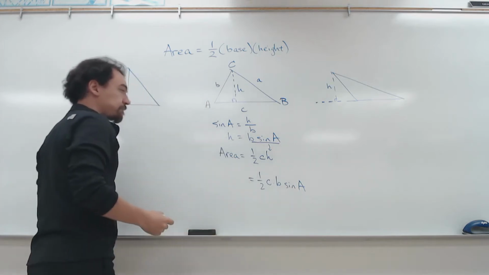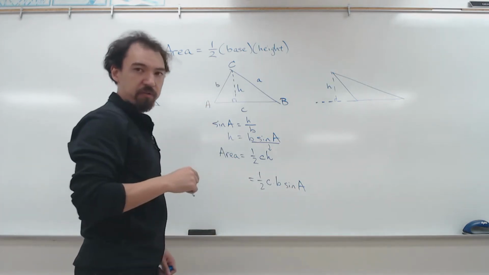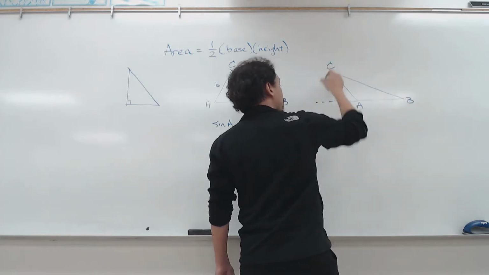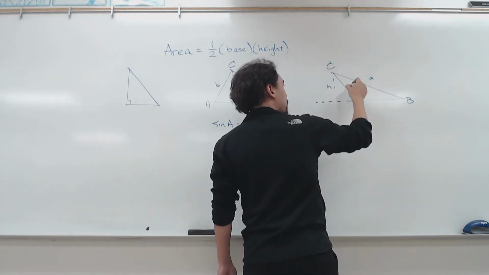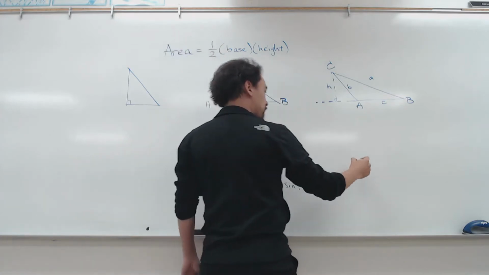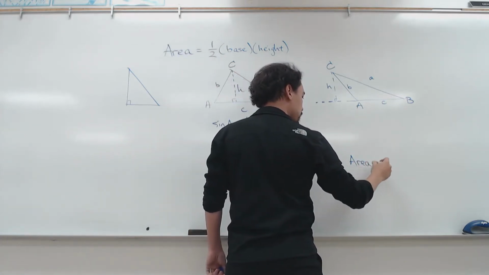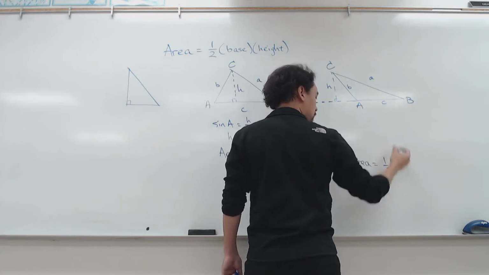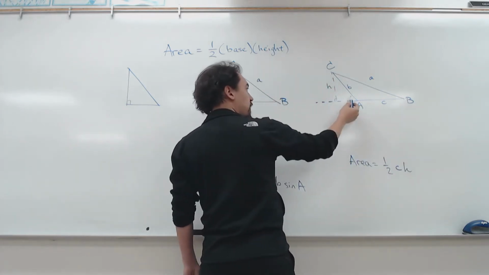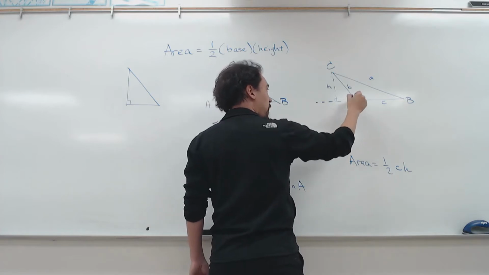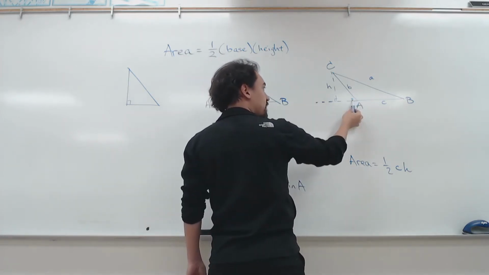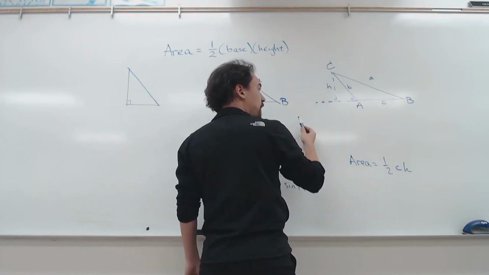Let's repeat that same exercise over here, where I label this angle A, angle B, angle C, and across from them, lowercase a, lowercase b, lowercase c. The area is still 1/2 times the base, which is side length c, times the height. We look at this right triangle and say the sine of that angle equals opposite over hypotenuse.